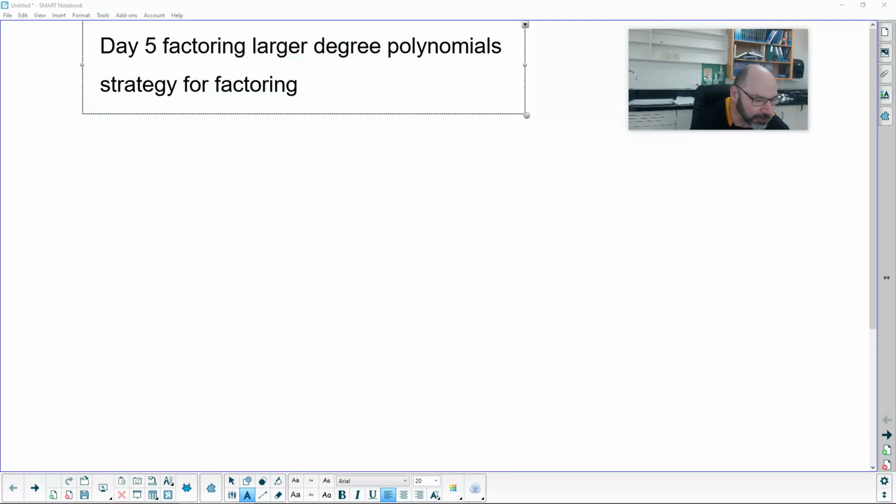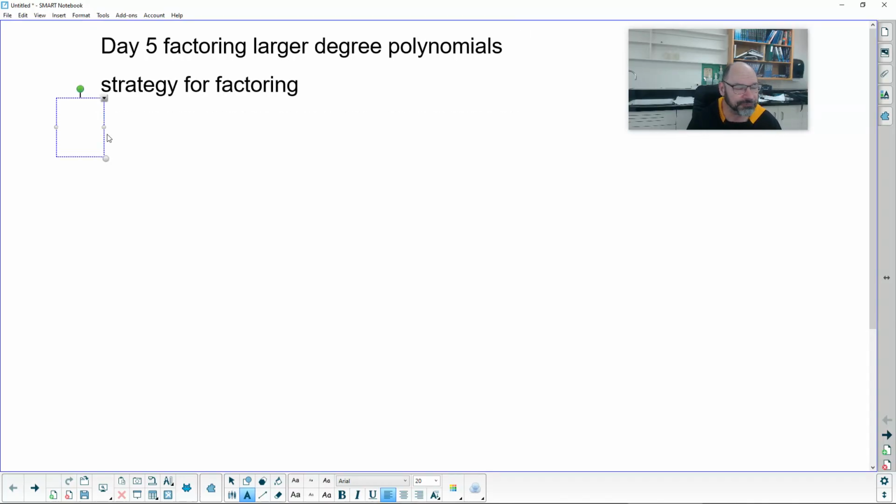Okay? So what is the strategy? Well, let's outline what we have to do. What do we do to factor a polynomial? The first thing we do, number 1, is we list the possible binomial factors.